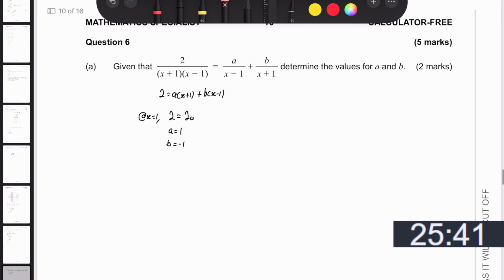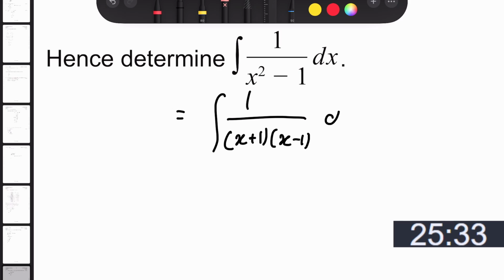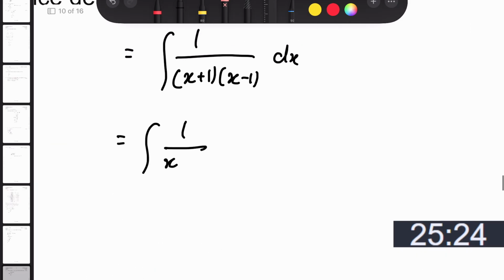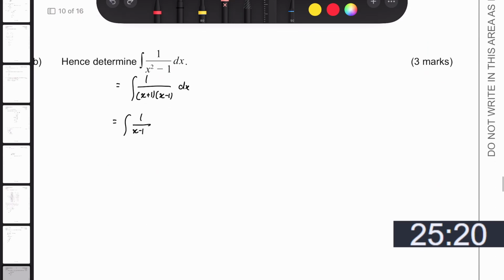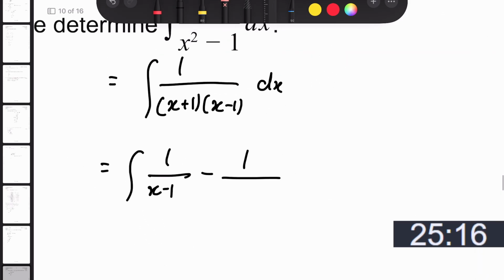Hence determine the integral of 1 on x squared minus 1. So this is the integral of 1 over the difference of squares, (x plus 1)(x minus 1) dx, which is the integral of 1 on x minus 1 plus minus 1 on x plus 1, make sure it's x plus 1.